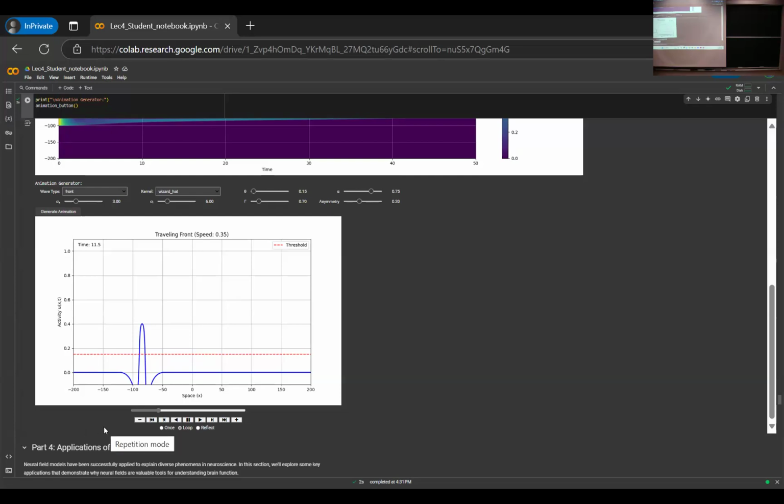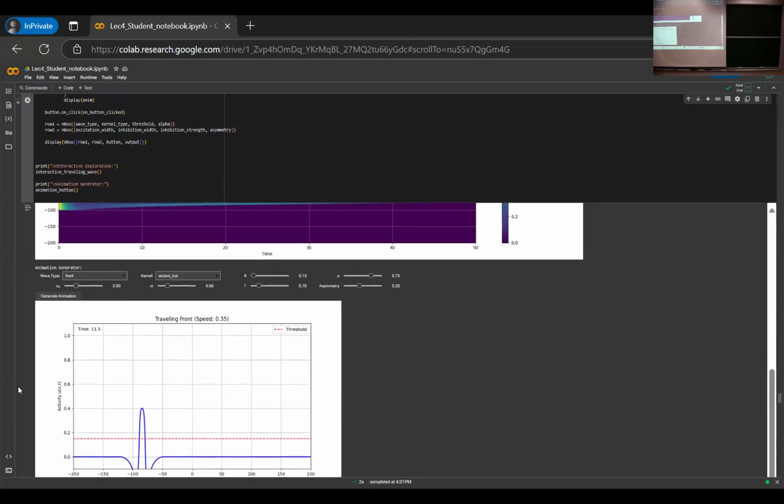It depends on the choice of the activation function and your synaptic connectivity kernel. So essentially it's really dependent on two factors, 2 kernels. One is a temporal kernel, which is the synaptic connectivity, and the other is a spatial kernel, which gives you that center surround inhibition effect.